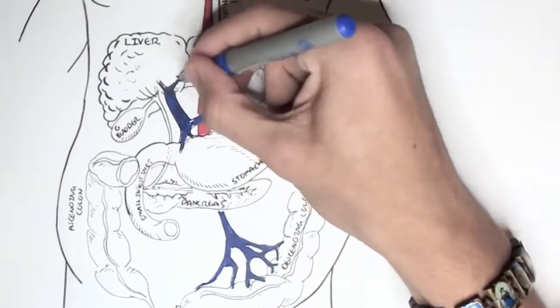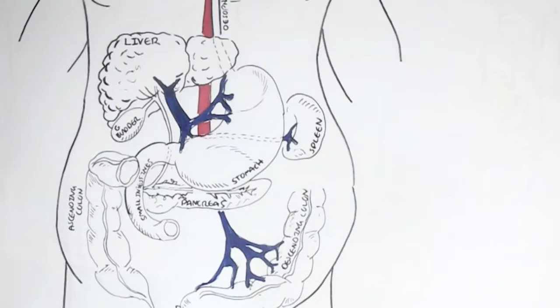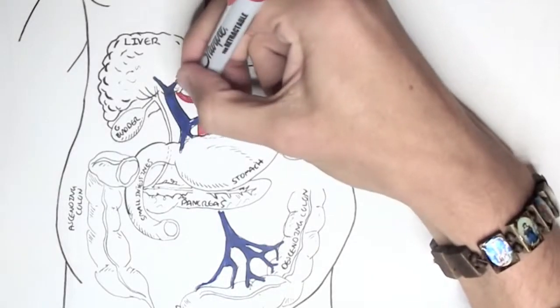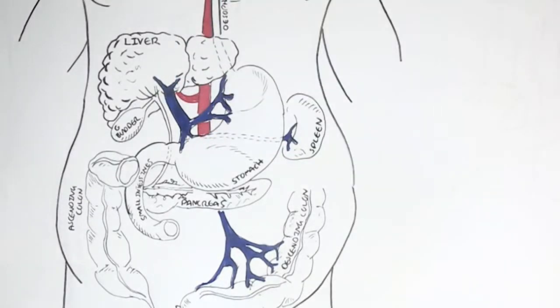The liver not only receives this blood supply from all these digestive organs, the intestine, stomach, and spleen, but also receives fresh oxygenated blood from the heart through the hepatic artery. So the liver receives blood from two sources: the hepatic artery, fresh oxygenated blood, and the portal vein, which is blood supply coming from the digestive organs.